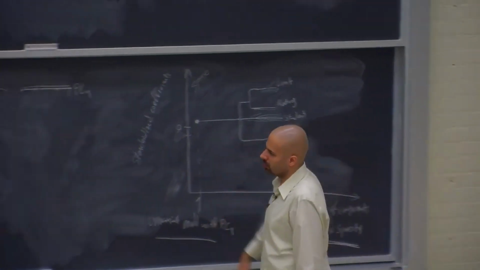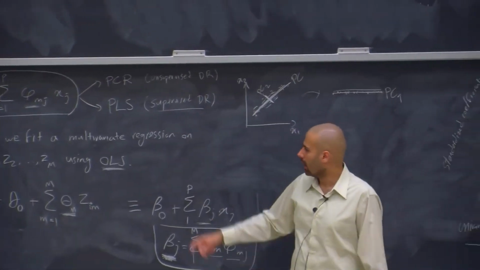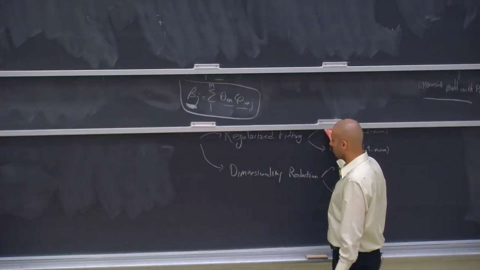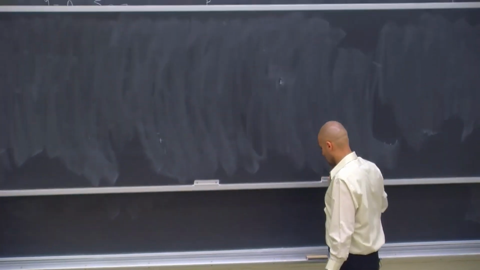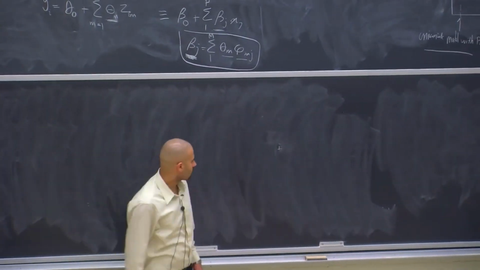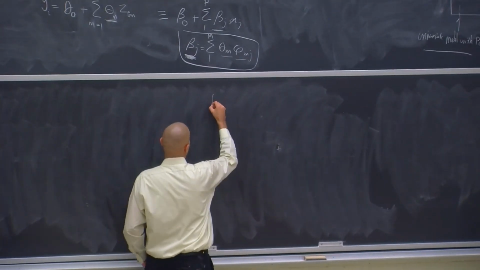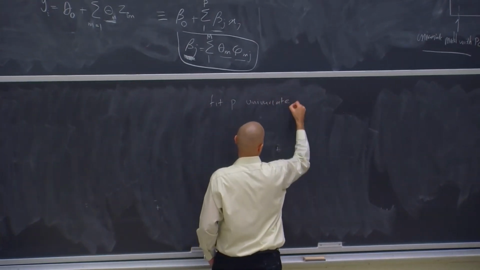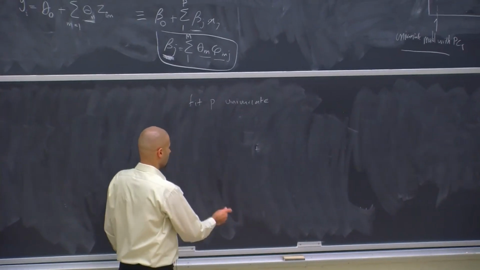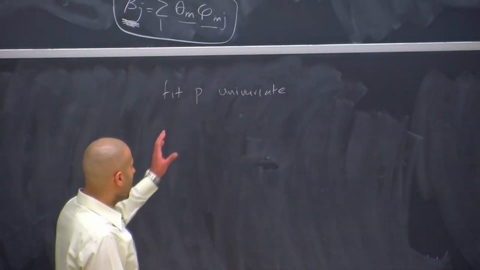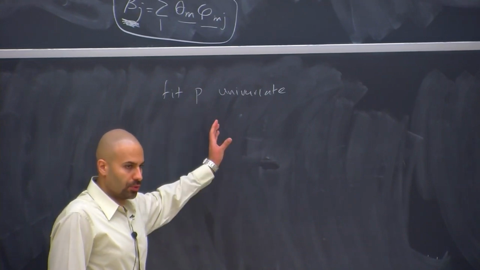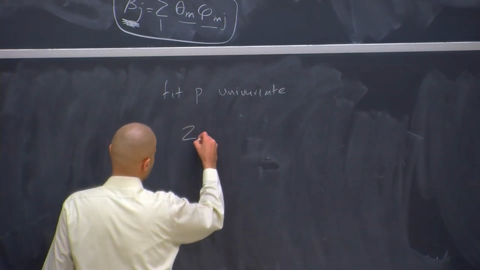So in PLS, just to explain a bit how we're doing this supervision, sorry, we're going a bit over time. With PLS, what we're doing is first, we fit p univariate regressions. So we have p predictors, we fit p univariate regressions, and use the coefficients from those univariate regressions to build those Z_m.